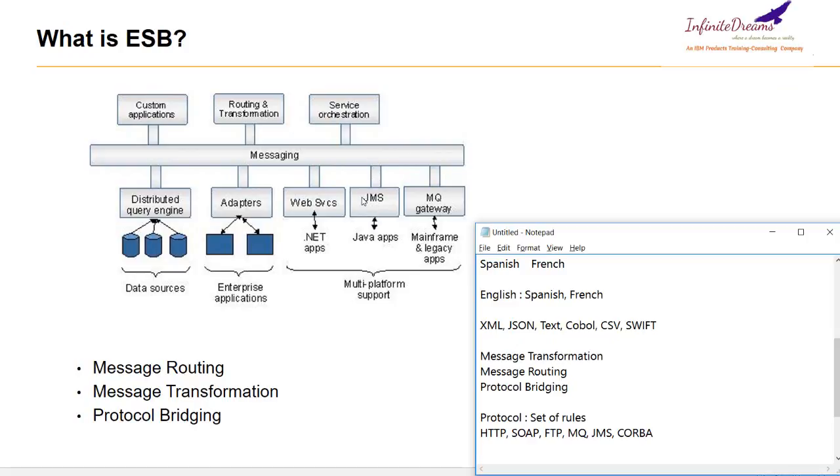When he replies back in JMS, I will receive that JMS message, understand it, and again put the same message in SOAP form. In this way both systems can talk to each other.